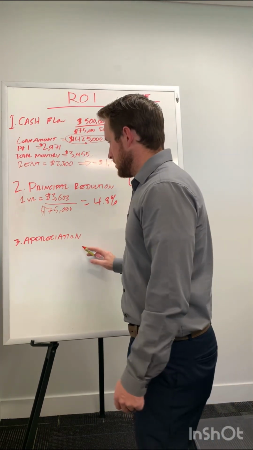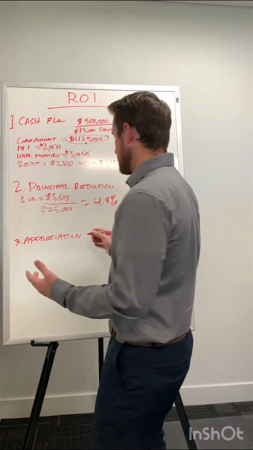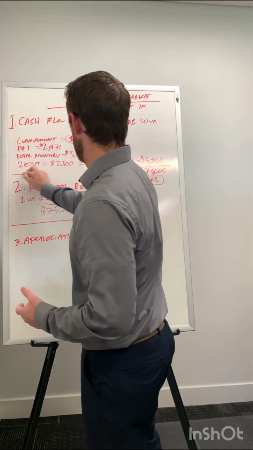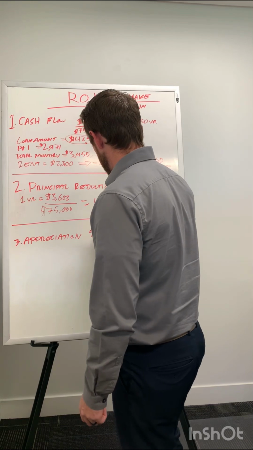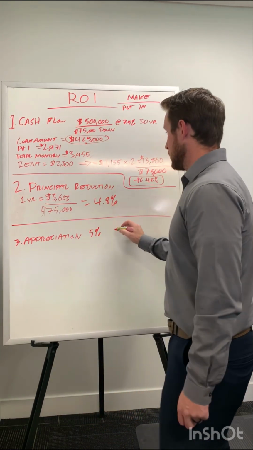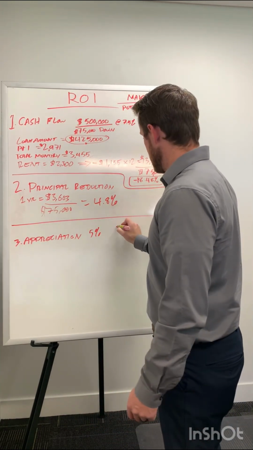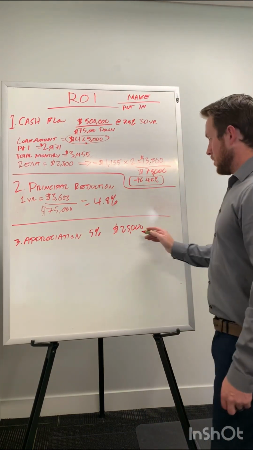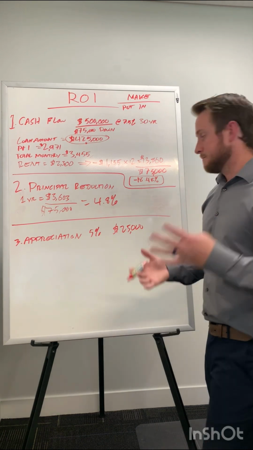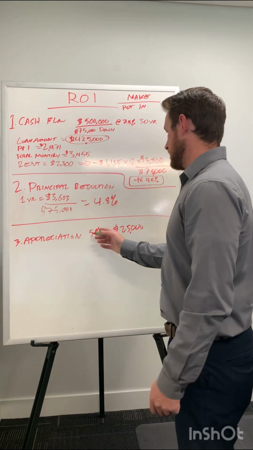Let's go to the appreciation. Average appreciation, let's say it's 5% per year. That means on a $500,000 house, year one, you're gonna make $25,000 in appreciation, give or take. It could be more, it could be less. We could do 2 or 3%.